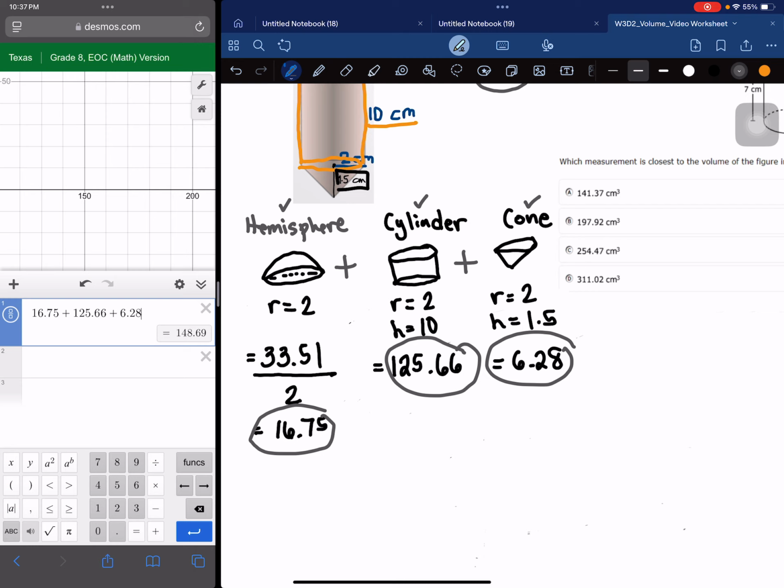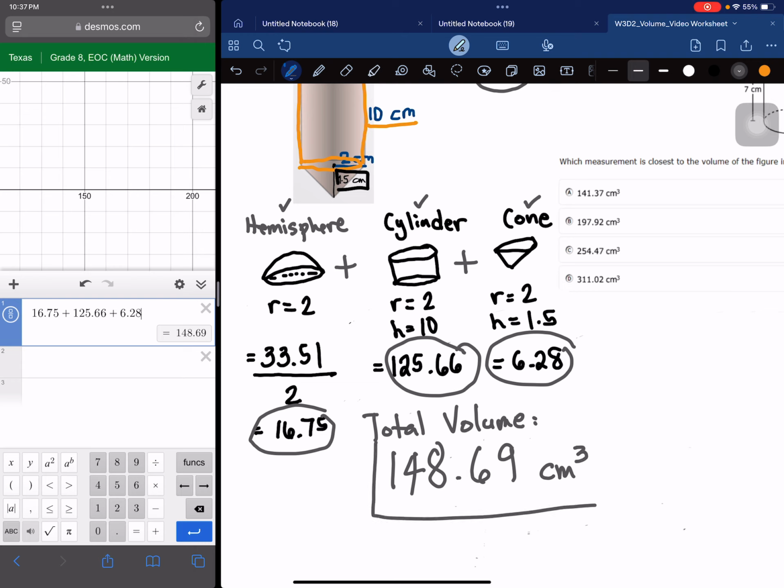Total volume is 148.69 cubic centimeters. That's it.